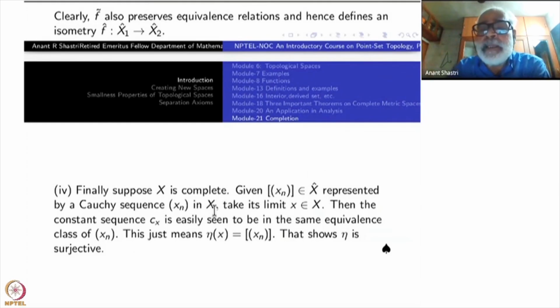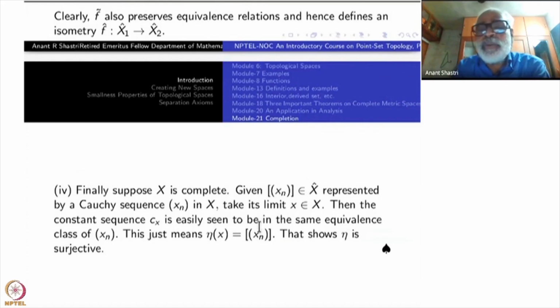Since X is complete, this (xn) has a limit. This limit is independent of the equivalence class. Whatever sequence you take representing this class, they will all converge to the same x, because the limit of the distance between xn and yn will be 0. So if this limit is x and that is y, x will be equal to y. So there is a unique limit here inside X.